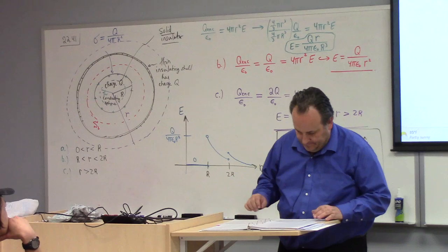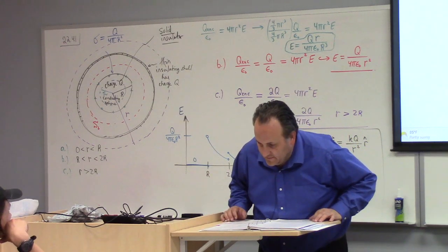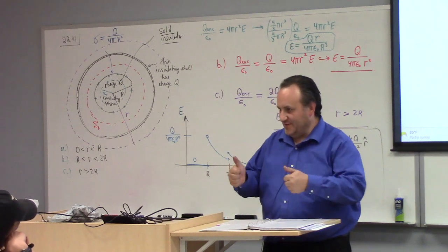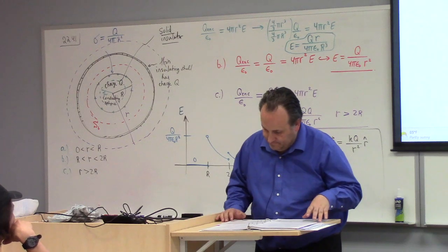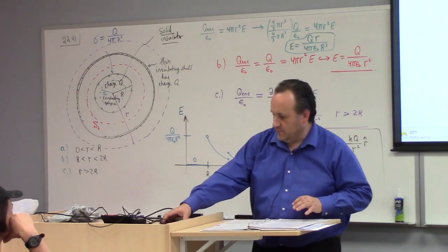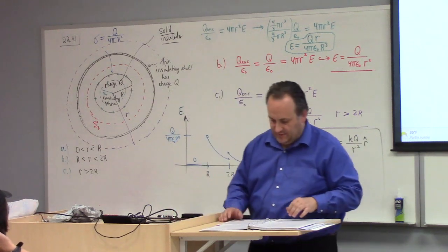So that was problem 41, and I looked at the answers in the back, and we got them. Here, what time is it? 5:30. All right, maybe one more example for today then.